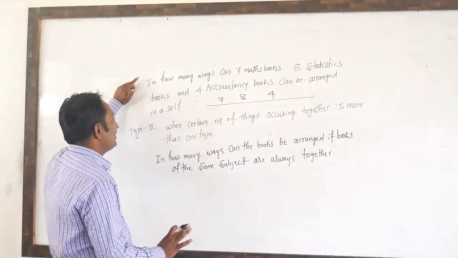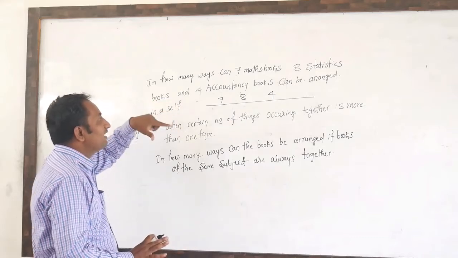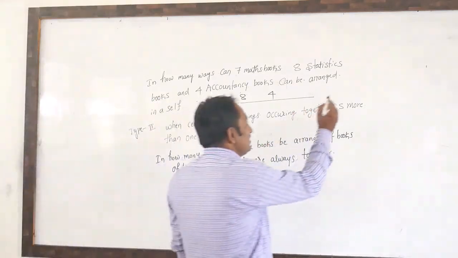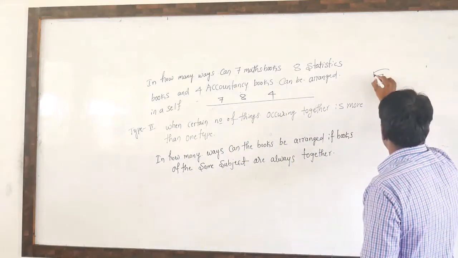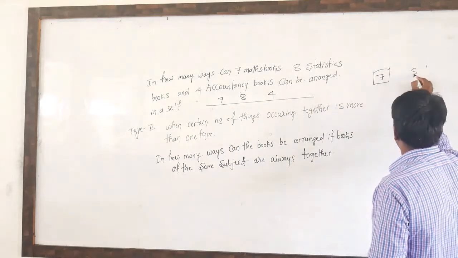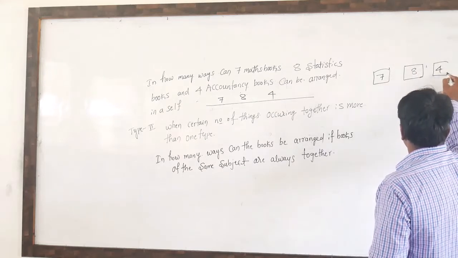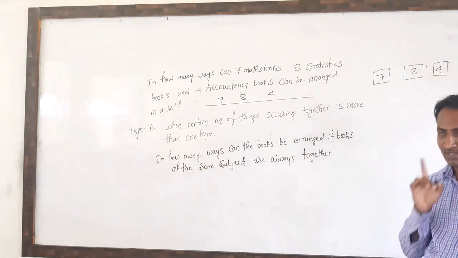Here the question is how many ways if the 7 maths books are always together? The 7 maths books are one type. The 8 statistics books are always one, and the 4 accountancy books are always one box.